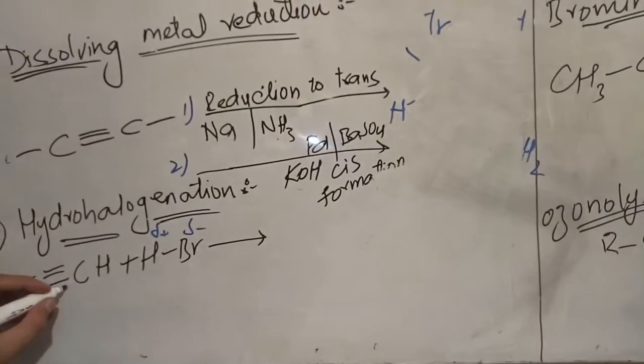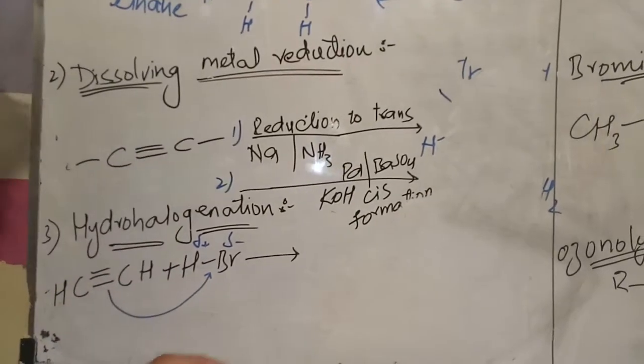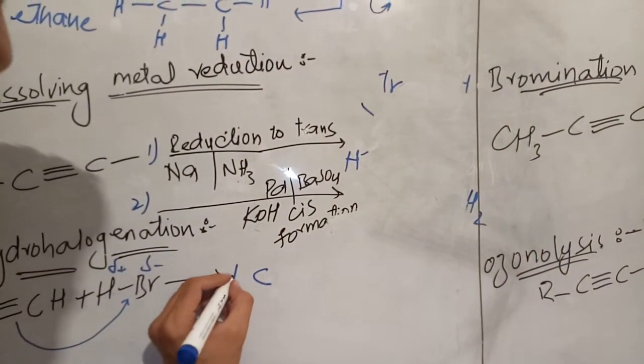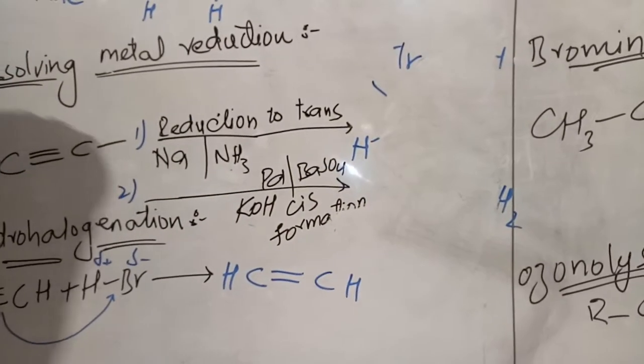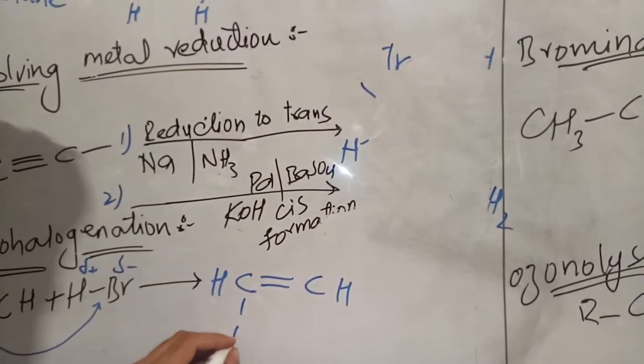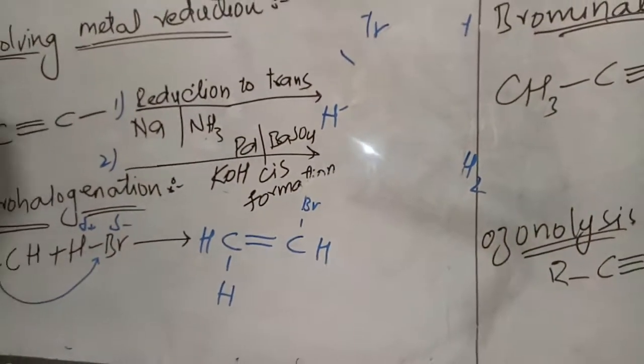So the arrow comes from this pi bond as a nucleophile, and our first addition will give us this product, CH double bond CH. One H will be placed at this point and one bromine will be placed at this point.